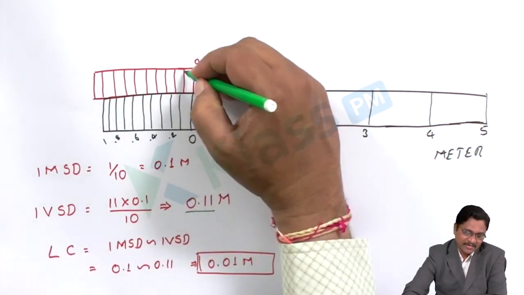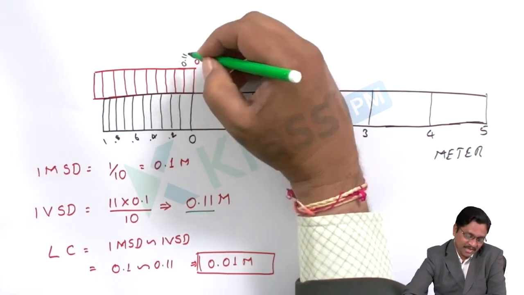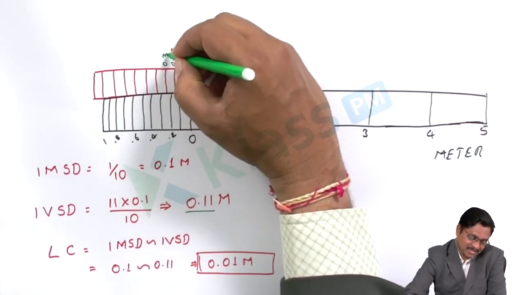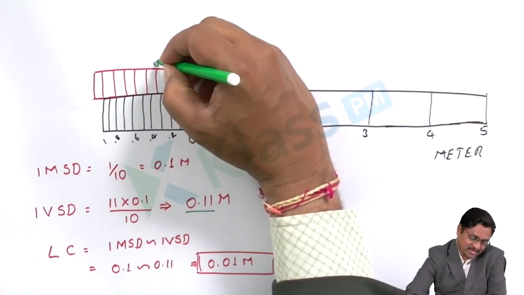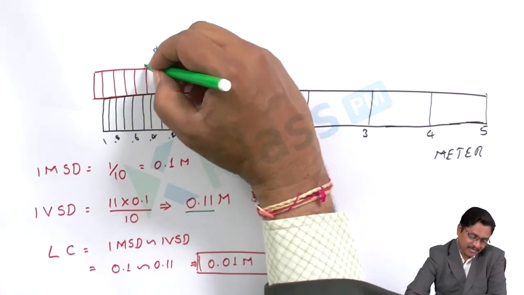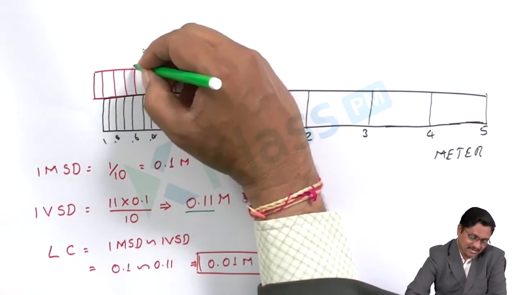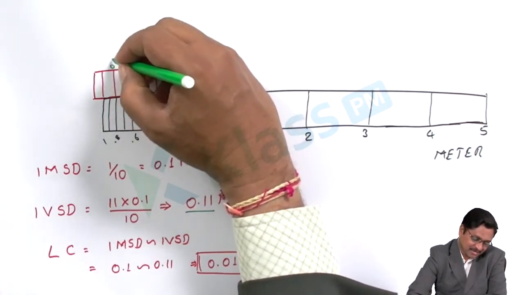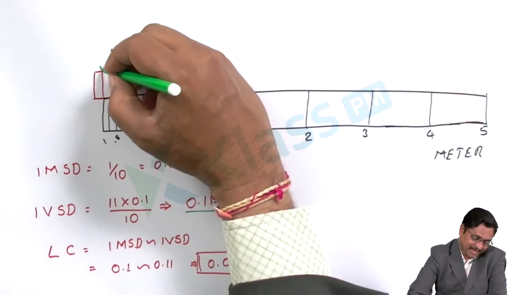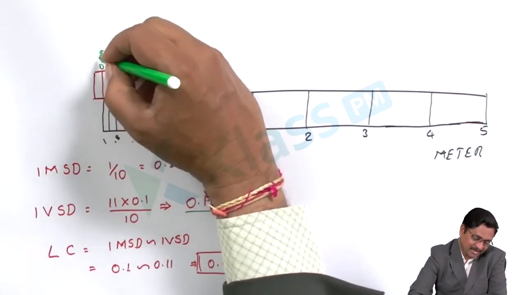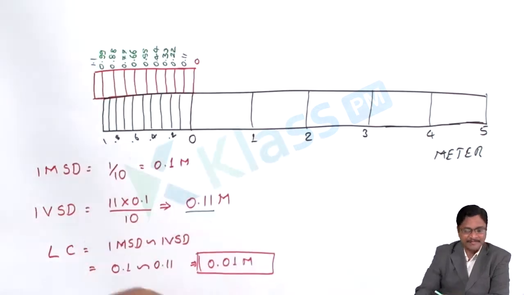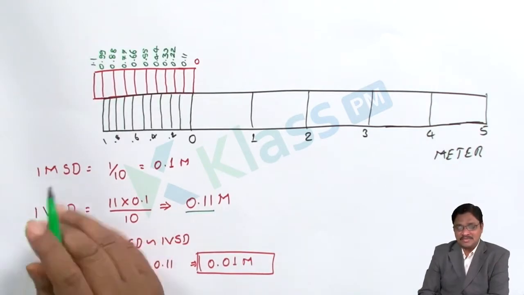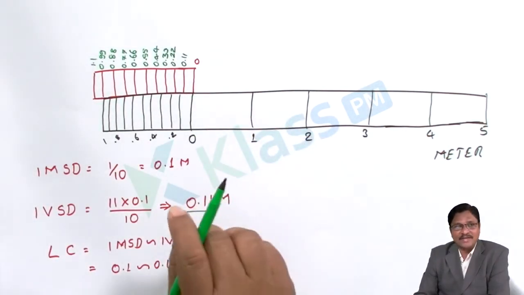So this is 0, the first division is 0.11 meter, the second division is 0.22, third 0.33, fourth 0.44, fifth 0.55, sixth 0.66, seventh 0.77, eighth 0.88, ninth 0.99, and the last one is 1.1. Clear? Once the values are identified, the construction part of the Vernier is completed.